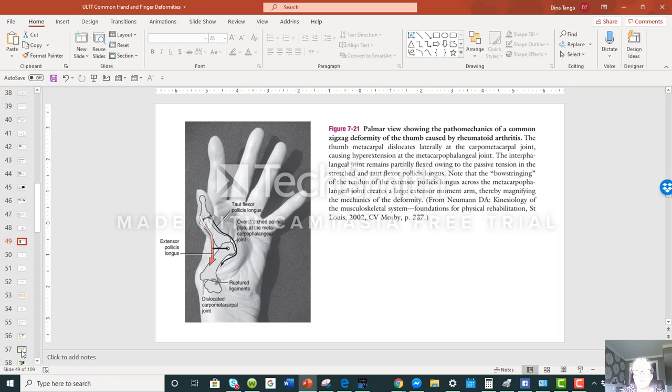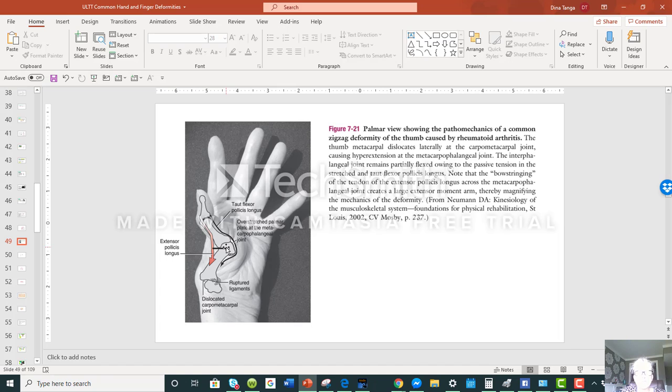This is a palmar view showing the pathomechanics of a common zigzag deformity of the thumb caused by rheumatoid arthritis. The thumb metacarpal dislocates laterally at the carpometacarpal joint, right here, causing hyperextension at the metacarpophalangeal joint, here.